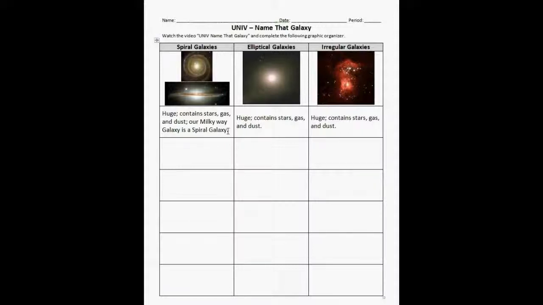We know that our spiral galaxy is held together by gravity. So is an elliptical galaxy, and so are irregular galaxies.